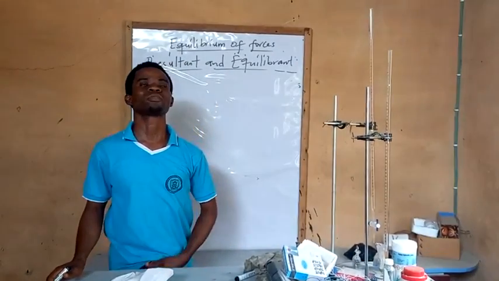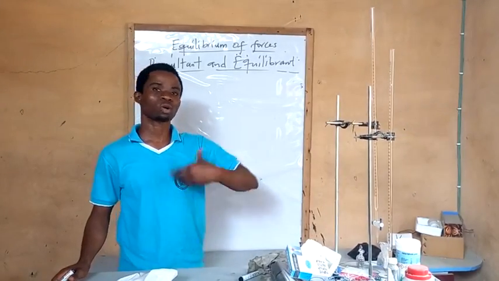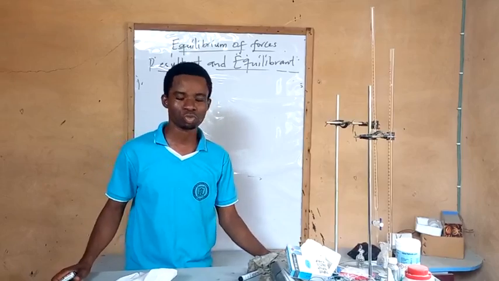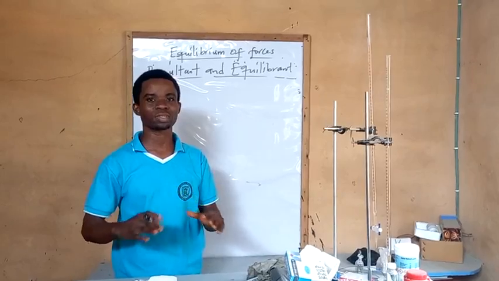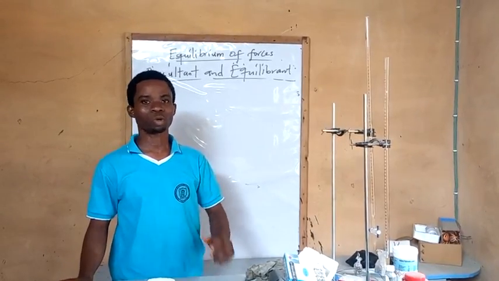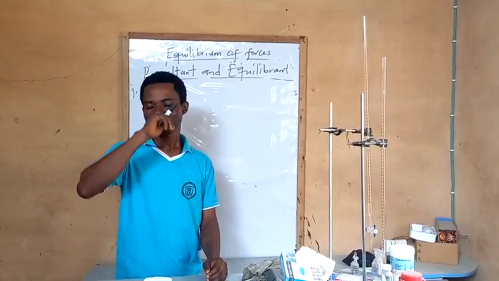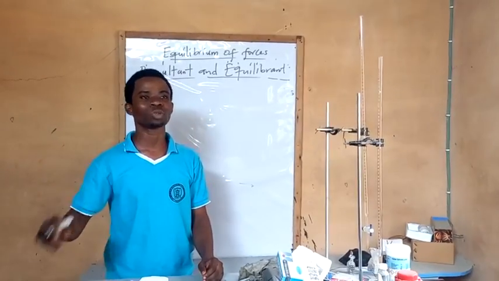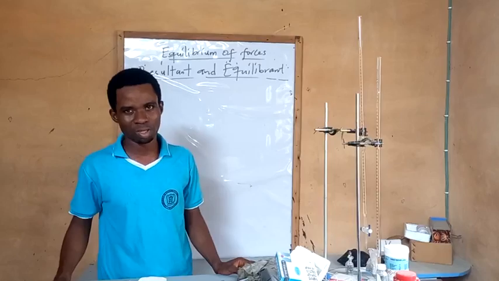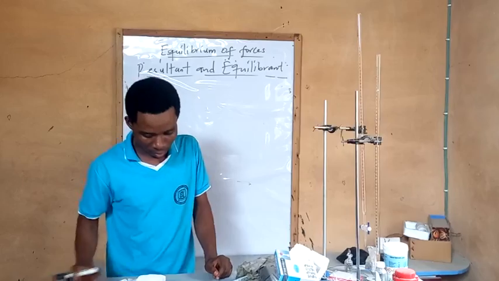And when we are calculating vectors, we are taught resultants. So in our coming videos under the vectors, I'm going to expatiate the resultant very well. But let me quickly say something here. Resultant is a single vector that has the same effect, in both magnitude and direction, as the two vectors taken together.